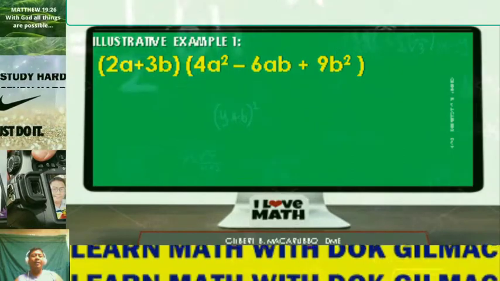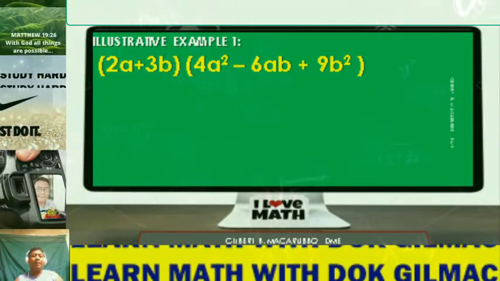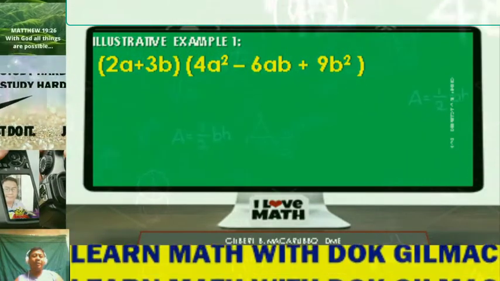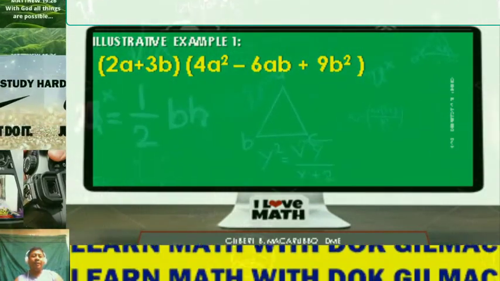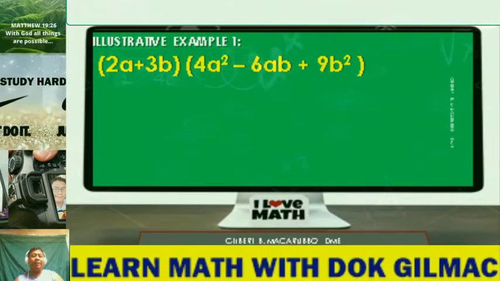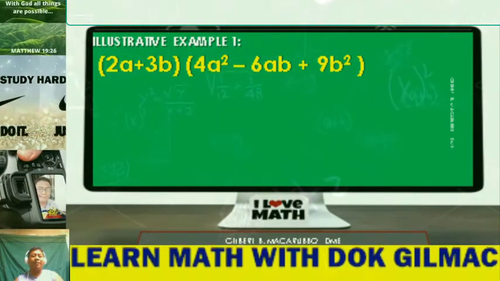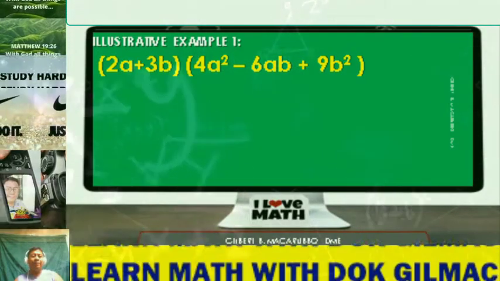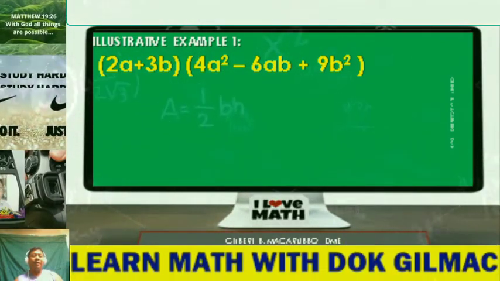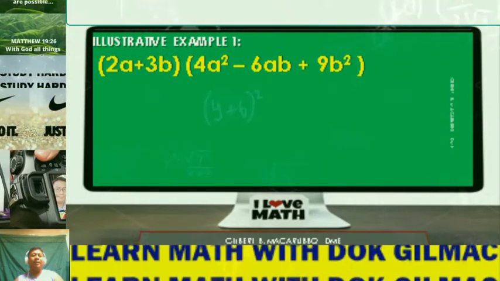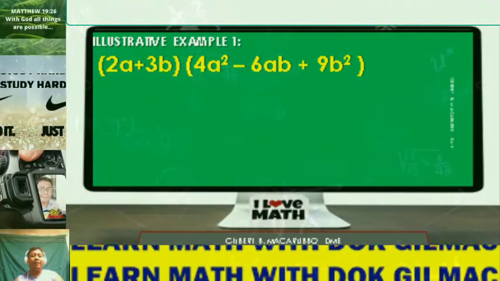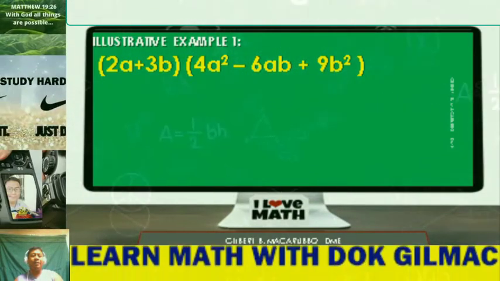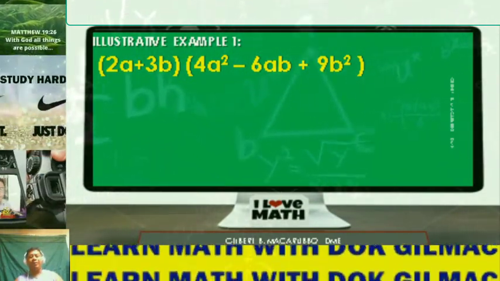As you can see, in the given trinomial, the first term is simply the square of the first term, which is 2a, and the second term is simply the product of the first term and second term of the binomial times negative. So we have negative 6ab. And the third term is simply the square of the second term, which is 3b. That is, the square is simply 9b squared.